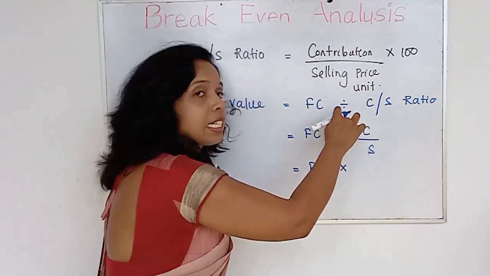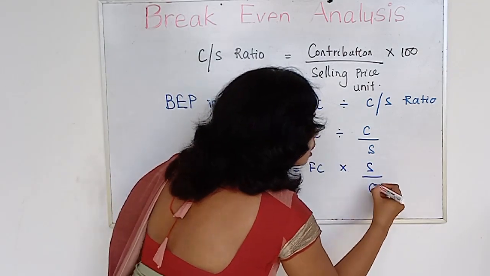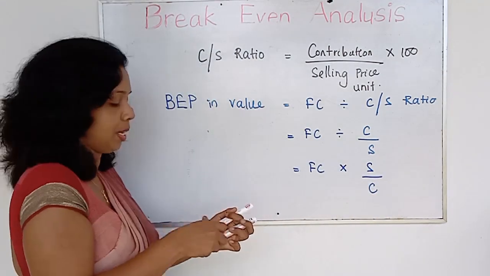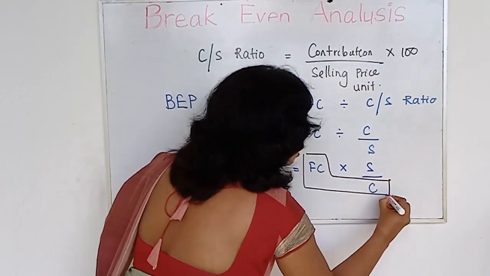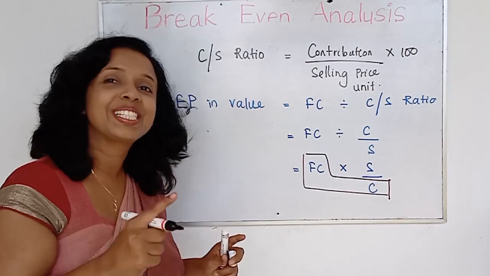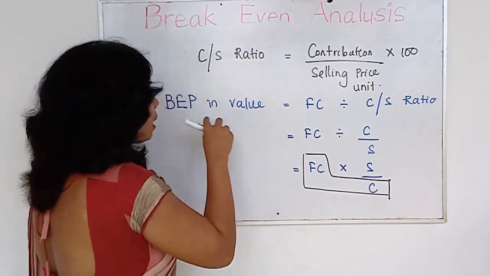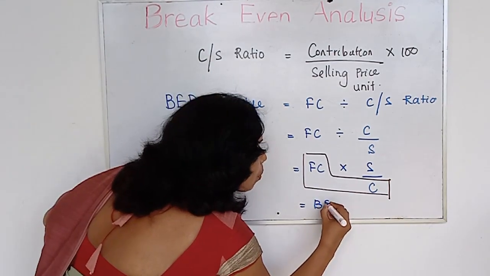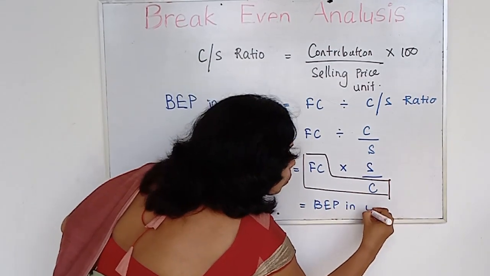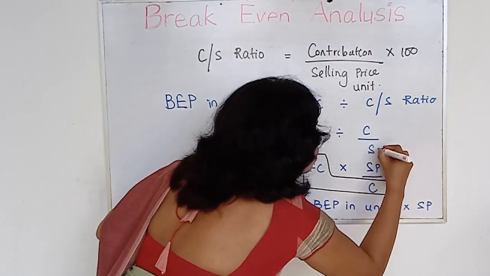I want to get the reciprocal, right? Then selling price over contribution per unit. Now tell me, what is this? Fixed cost divided by contribution per unit. What is that? It is the break-even point in units. So in simple terms, break-even point in value is break-even point in units multiplied by selling price per unit.